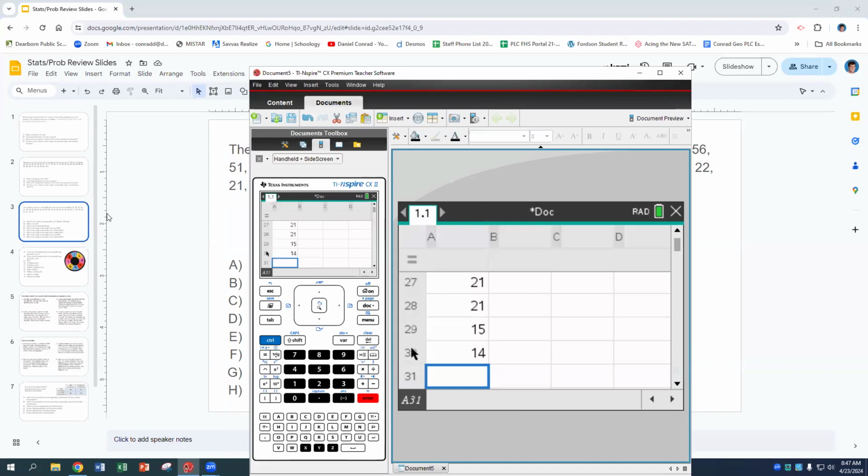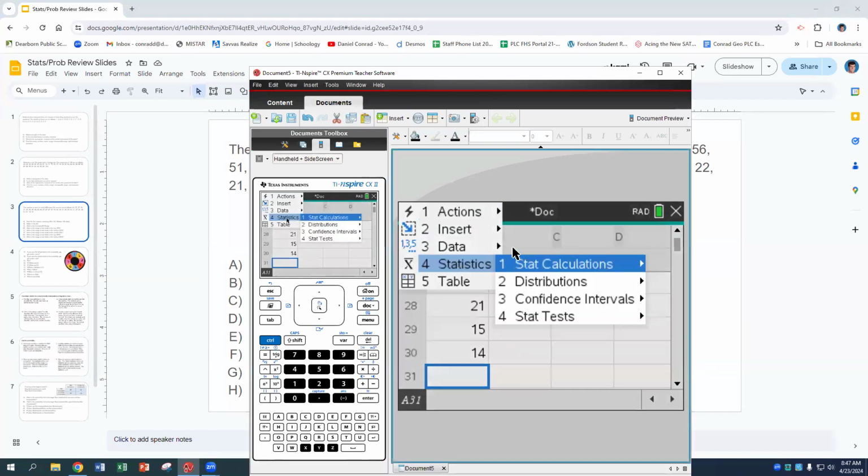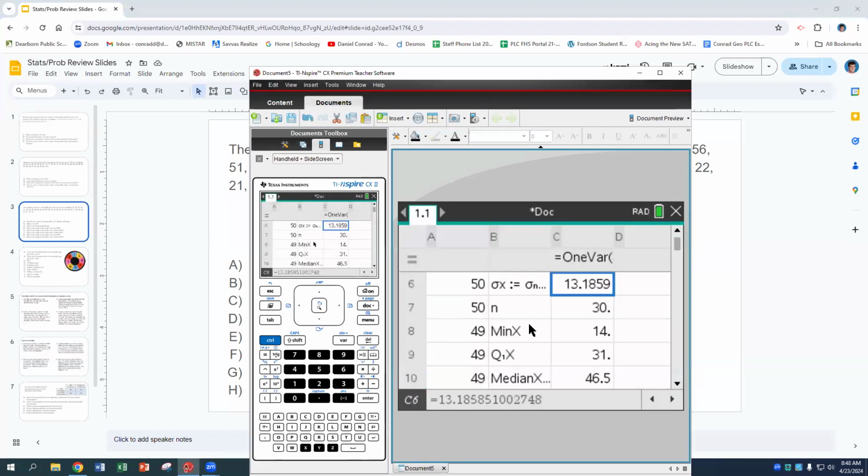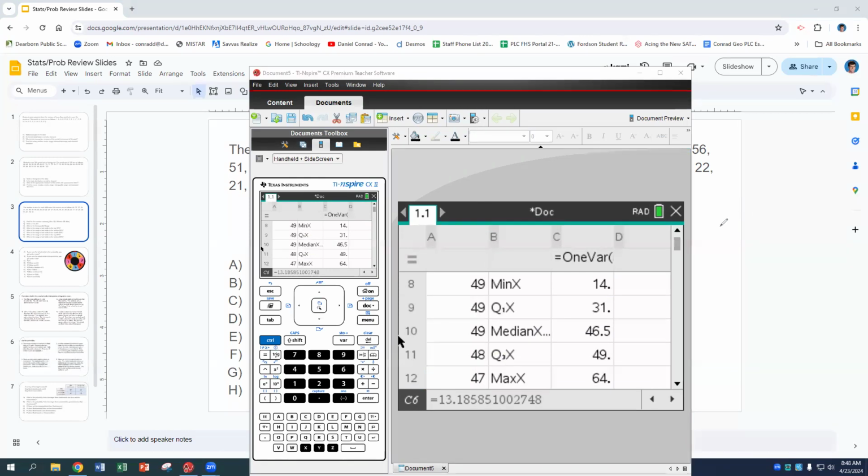We can do menu, statistics, stat calculations, one variable, right? And then our 5-number summary is min, max, Q1, Q3, and median. So let's write those down. The min is 14.